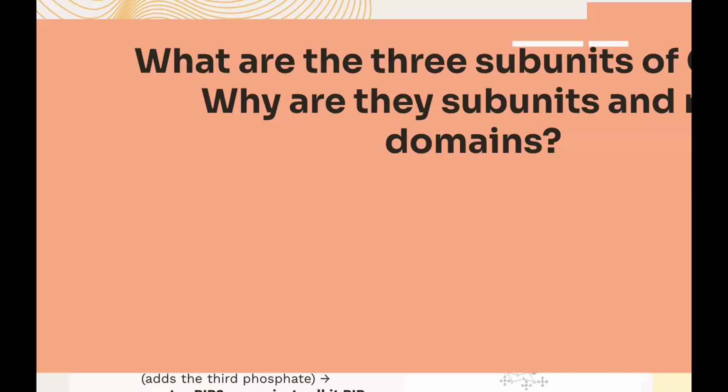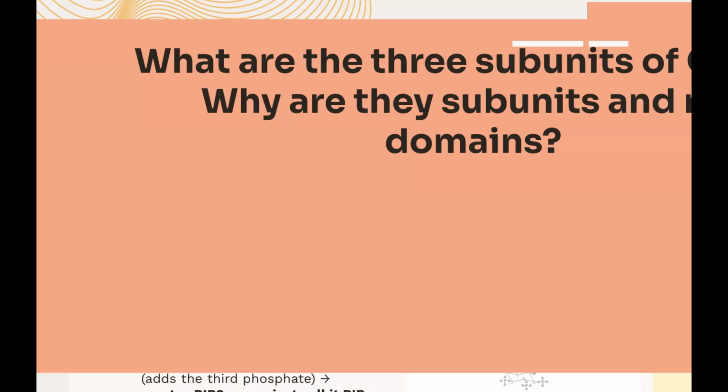Okay, what are the three subunits of the GPCR, and why are they subunits and not domains? Let's start with the first one. Is it not alpha, beta, gamma? Alpha and beta.